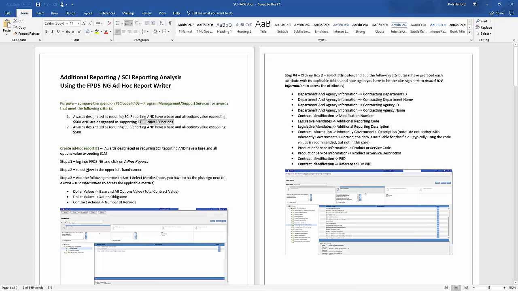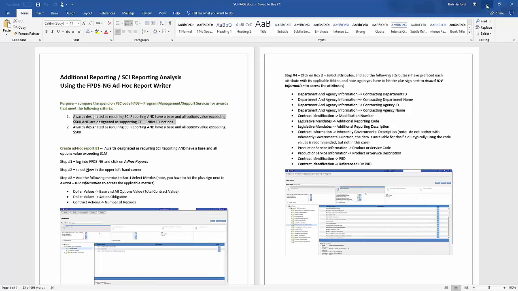So it's a way for you to pull out awards if you were in charge of the service contract inventory reporting analysis, or if you just wanted to look at possible imbalance in your own area, using the FPDS NG ad hoc report writer to pull out these awards.